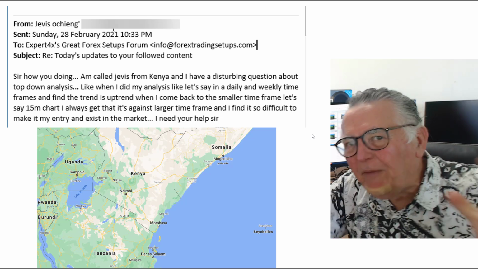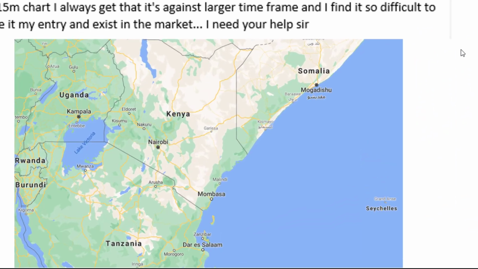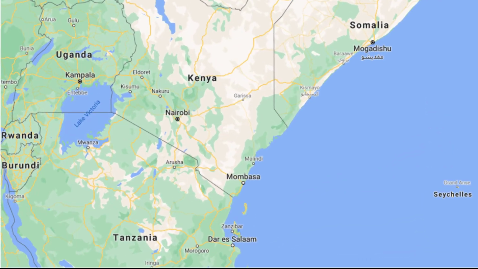more detail. But before I do, I just want to talk about Kenya itself, because I love Kenya. I've been there lots of times. It is the world's best kept secret, and I just want to show you a bit about Kenya. Now, if people don't know, Kenya is sort of in the middle of Africa on the east coast, and it's surrounded by Somalia and Uganda and Tanzania, and it has some of the most exotic names in this area.